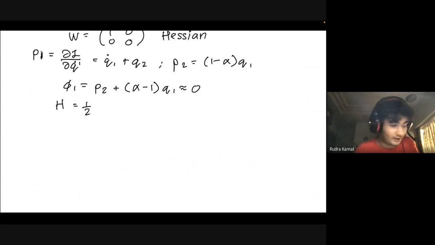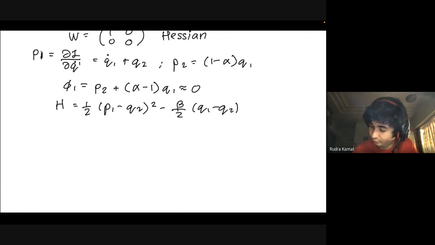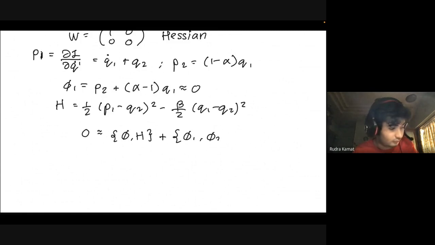The Hamiltonian is 1 half (P1 minus q2) squared minus beta over 2 (q1 minus q2) squared. And then we have the equations of motion. This is the consistency equation right here, plus phi 1, phi 2.